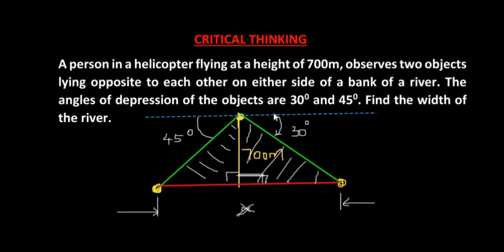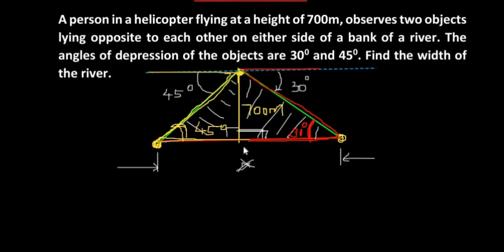Now for the first one, you can see that there is an alternating angle formed, a Z angle. So if this is 30 degrees, this is also going to be 30 degrees. And on the other side also there is a Z angle or an alternating angle formed. So if this angle is 45, this is also going to be 45 degrees.